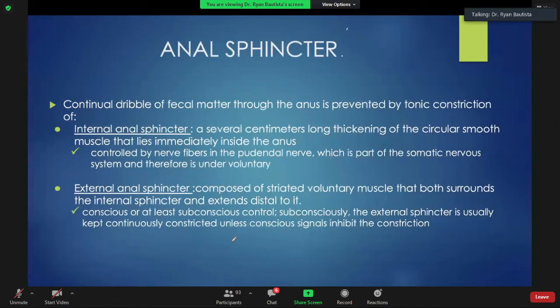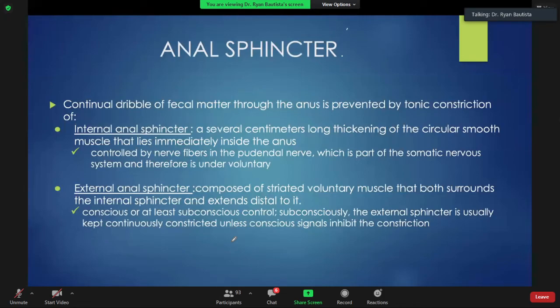Please remember you have two types of sphincter in defecation. You have your internal anal sphincter, which is a several centimeters long thickening of the circular muscles immediately inside your anus. Your external anal sphincter is composed of striated voluntary muscle, which surrounds your internal sphincter and extends distal to it, and is under voluntary control.